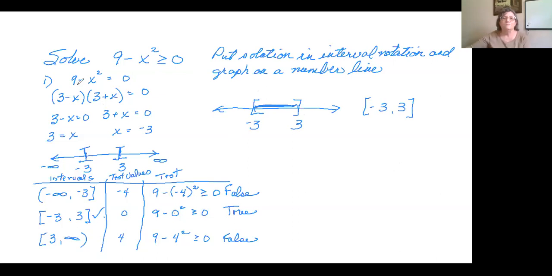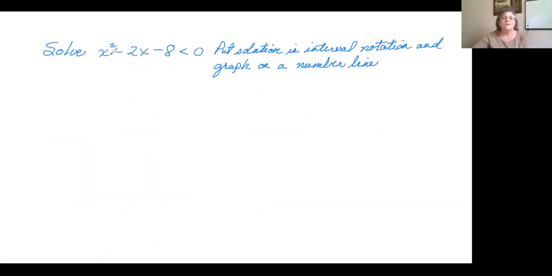Let's try one more. Let's solve x squared minus 2x minus 8 is less than 0. So we actually solve x squared minus 2x minus 8 equals 0. And again, you can use the quadratic formula if you have trouble factoring this. Factors of 8 that subtract and give me 2 would be 4 and 2.